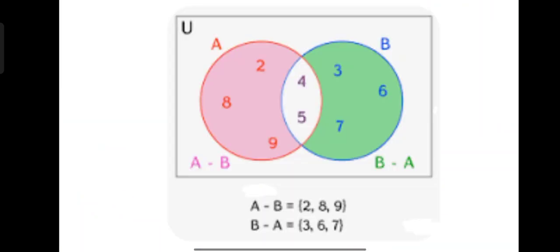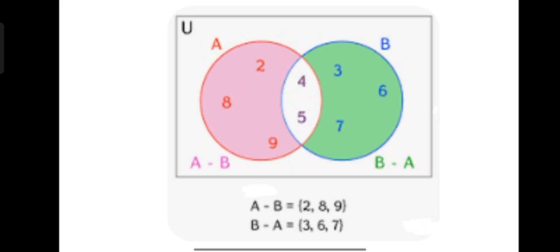Okay, so this is a textbook example. The full red circle represents the set A, and A consists of 2, 4, 8, 5 and 9. The red colored part represents A, from which I am subtracting the B part.